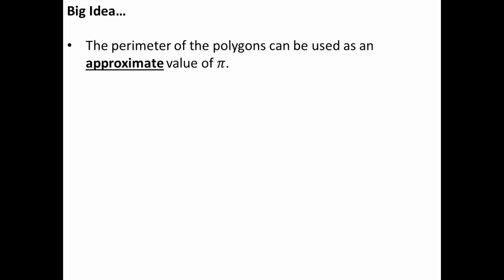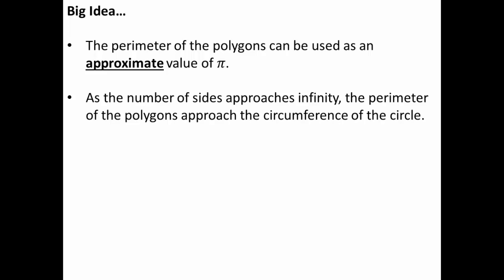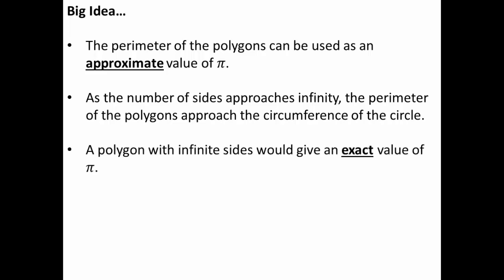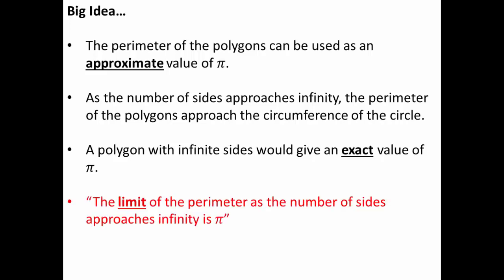So the big idea here is that the perimeter of the polygon can be used as an approximate value of pi. As the number of sides approaches infinity, the perimeter of the polygon approaches the circumference of the circle. A polygon with an infinite number of sides would give an exact value of pi. The limit of the perimeter as the number of sides approaches infinity is pi.